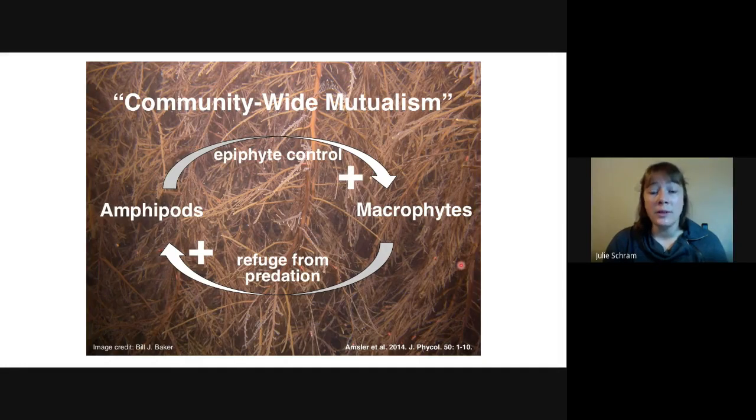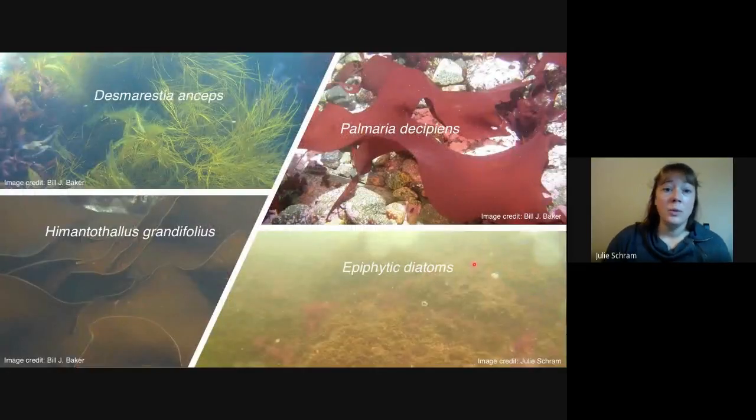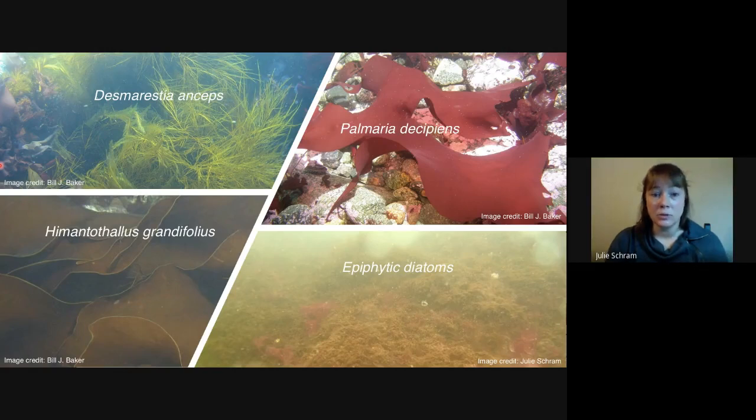So we know that this relationship exists. However, we also know that these amphipods don't just eat the diatoms. As these big brown seaweeds die and start to degrade, so do their chemical defenses, and when they're degrading, these amphipods will consume these tissues, since they're no longer protected by chemical defenses.